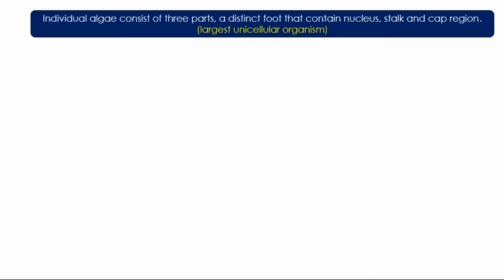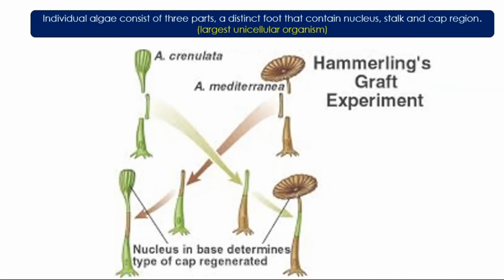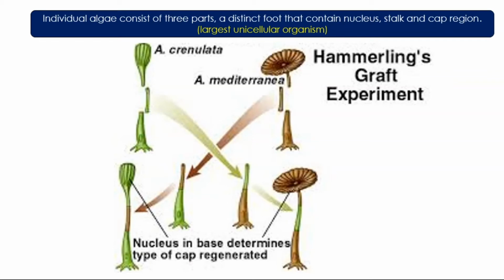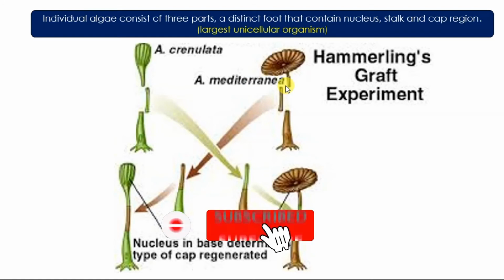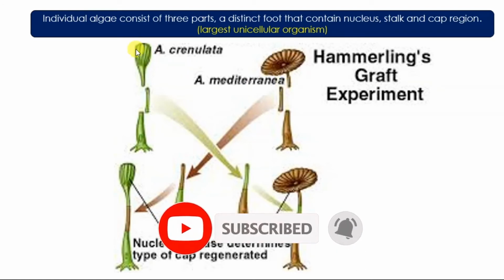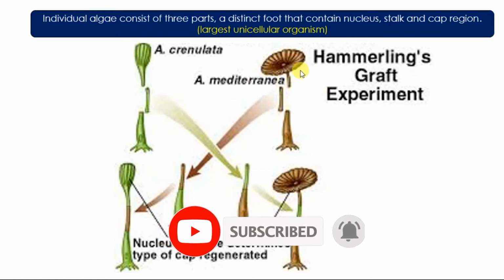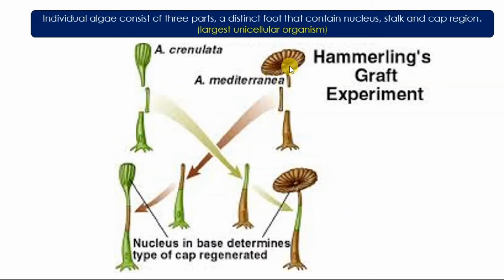The alga is the largest unicellular organism, Acetabularia. This picture can explain in short how he performed the experiment. We have 2 species, Acetabularia crenulata and Acetabularia mediterranea. As you can see, the appearance of crenulata is different from the appearance of mediterranea.